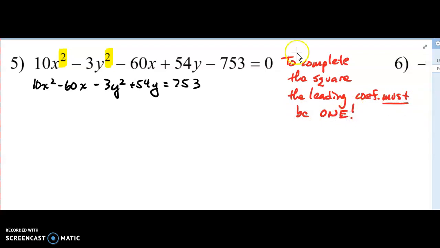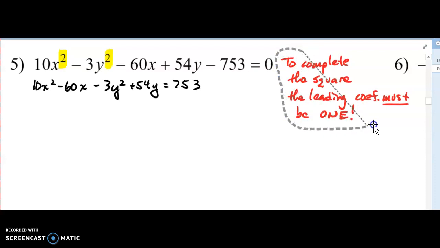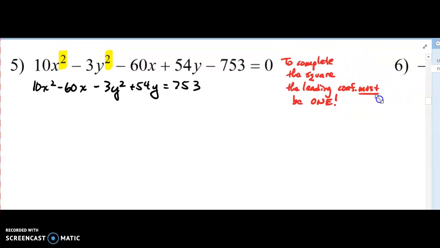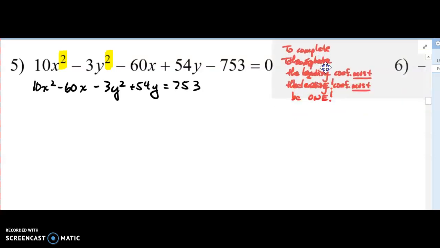Okay? To complete the square, our leading coefficient must be 1. And in this problem, neither leading coefficient is 1. So what I'm going to do is factor that out.